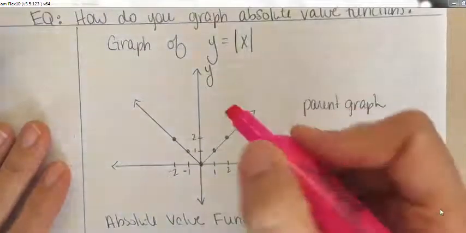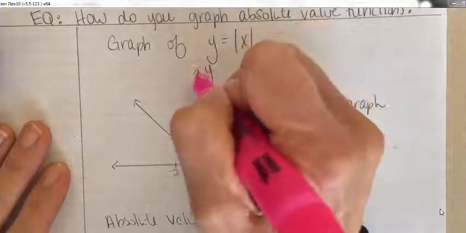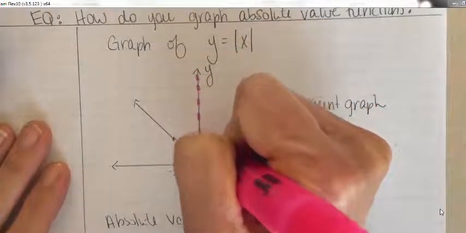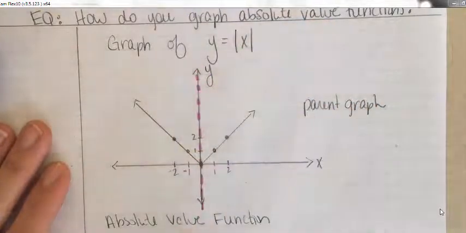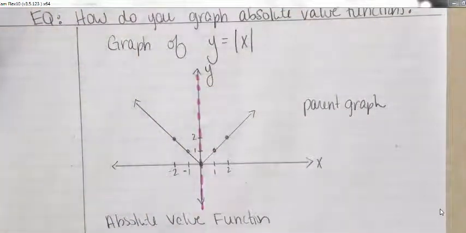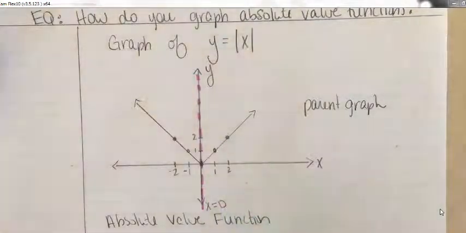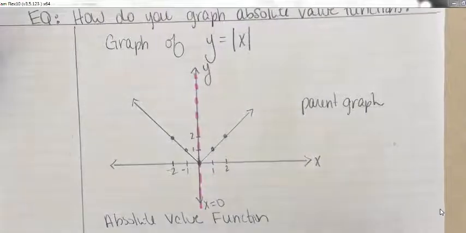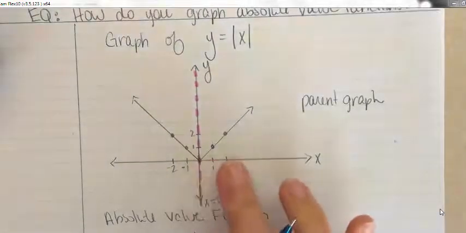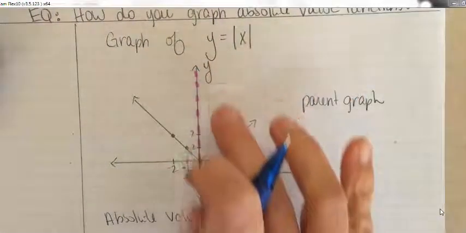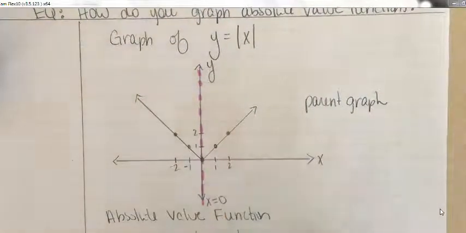Well, right now we haven't done it at all. So right now, my line of symmetry goes right along with the y-axis. Okay, so right now my line of symmetry is x equals 0. So if this had been shifted over 2 units, then my line of symmetry would be at x equals 2.